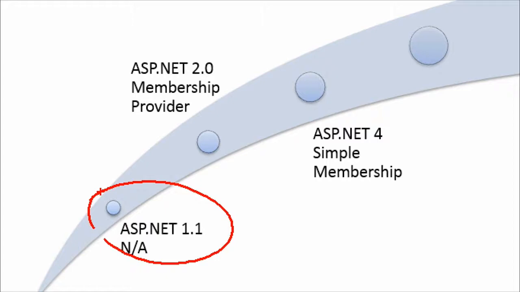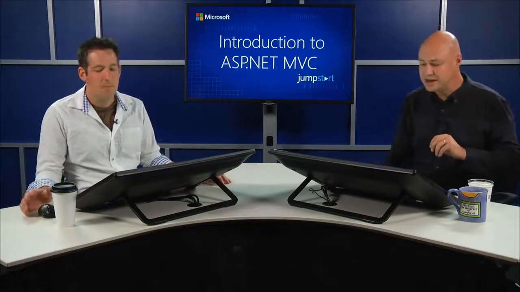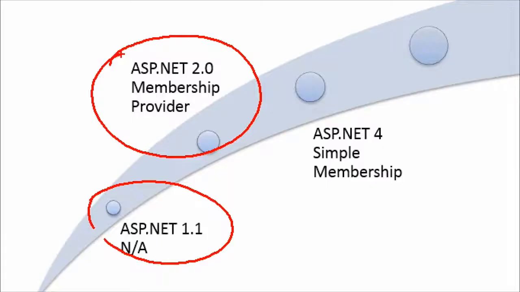But there was no kind of membership system. We at least had a foundation, but it was a lot of write yourself. And then ASP.NET 2.0 was a big release, and included in there, membership and this whole provider system, and that came out in 2005.